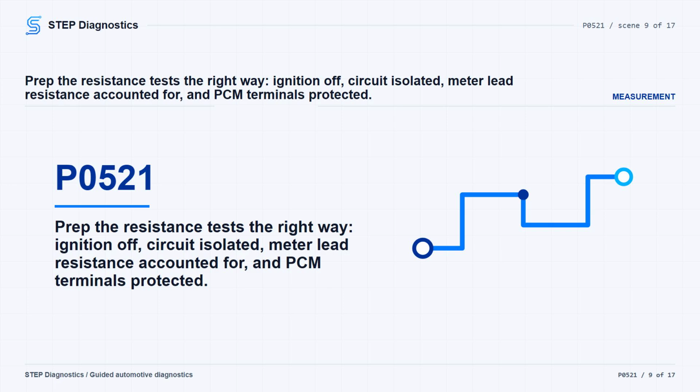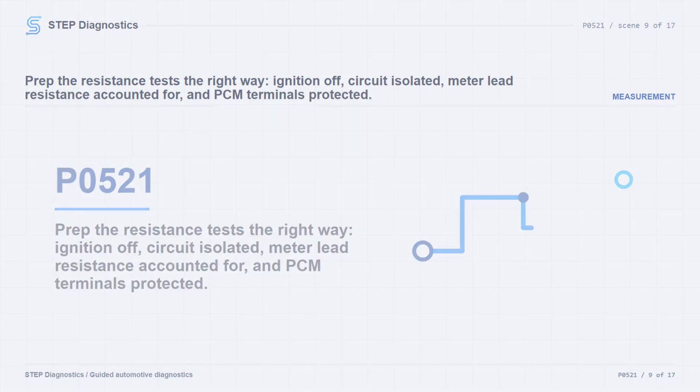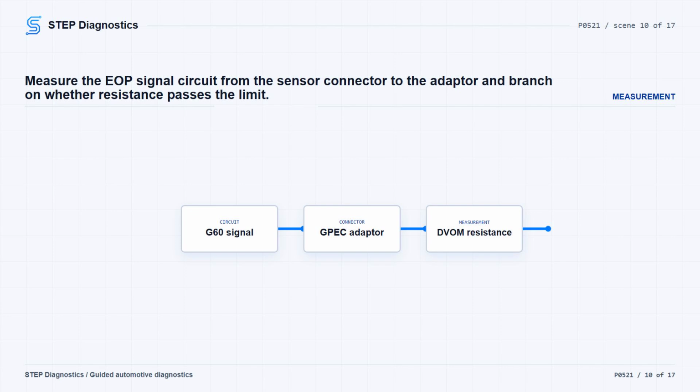Use the wiring path to stay on the correct circuit, and zero out what the DVOM leads are adding before you judge the circuit. If you need access at the PCM connector, do not back probe or probe the PCM terminals directly. Use the GPEC Diagnostic 10436 adapter. Also remember the GPEC Diagnostic adapter can add up to 1.5 ohms of resistance to the circuit.